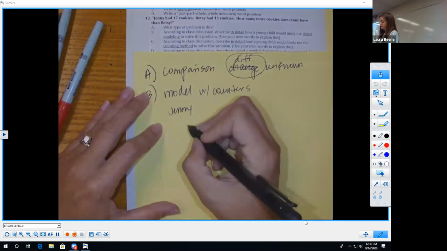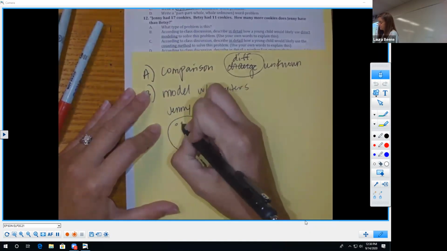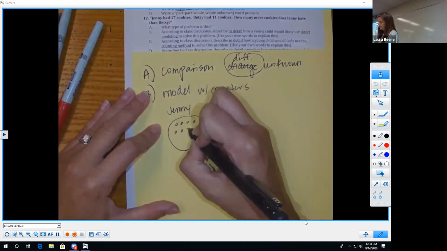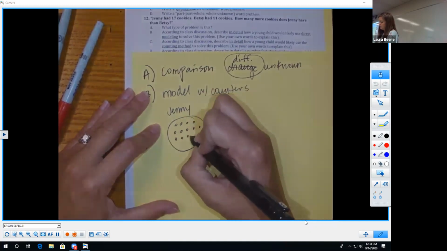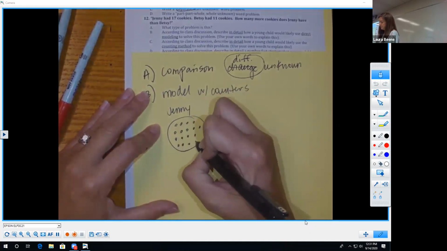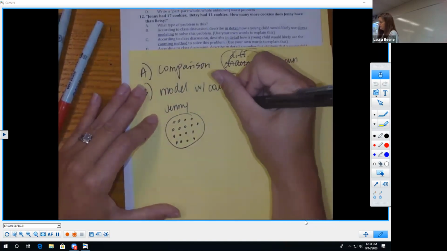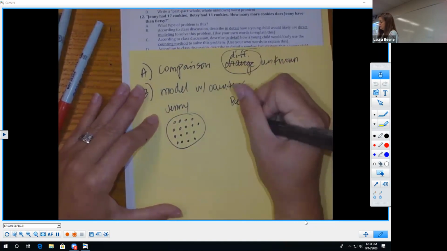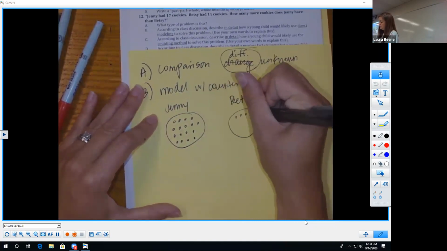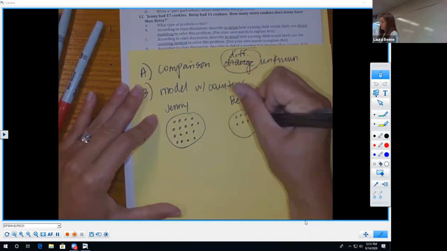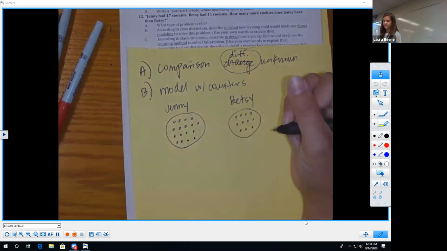Jenny would have 17. So 1, 2, 3, 4, 5, 6, 7, 8, 9, 10, 13, 14, 15, 16, 17. Betsy would have 11 cookies. 1, 2, 3, 4, 5, 6, 7, 8, 9, 10, 11.